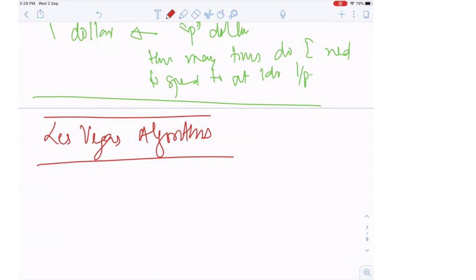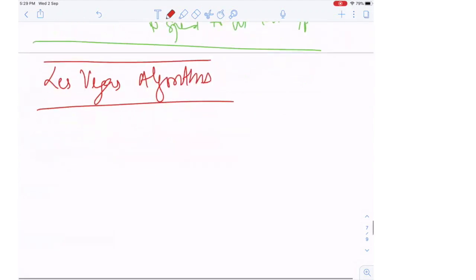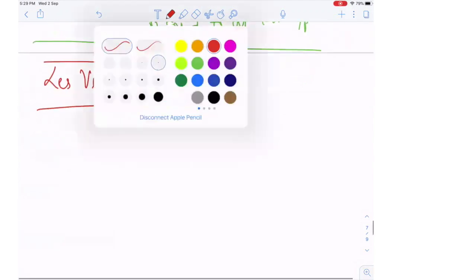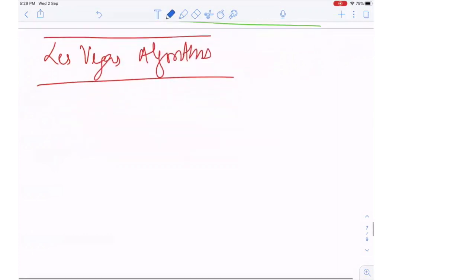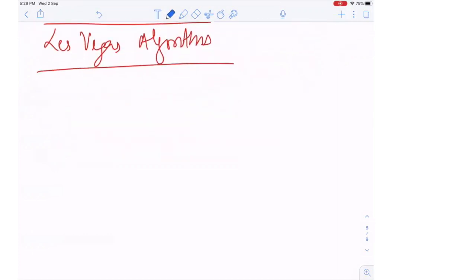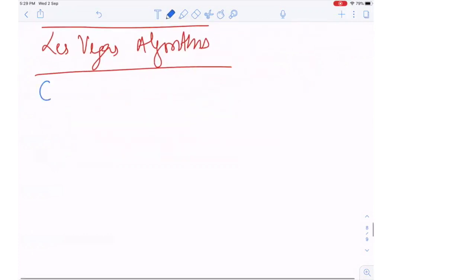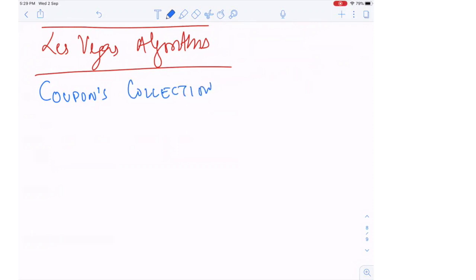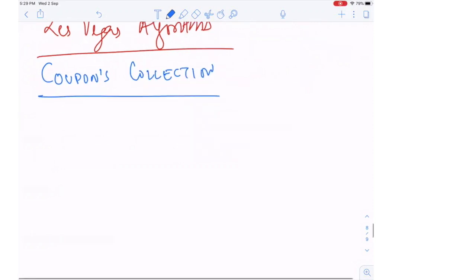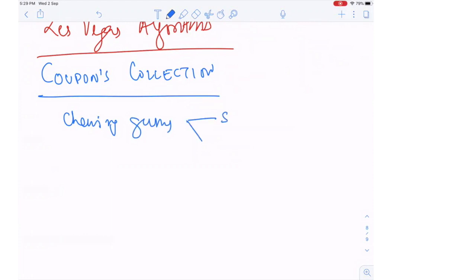Okay, so just to drill this point in your head a little bit more, let me do another example. I'm sure all of you have seen this example maybe, but even if not, it should be coupon collection. At least I remember when I was a child, we used to buy chewing gums, and in chewing gum, we used to get superhero pictures.